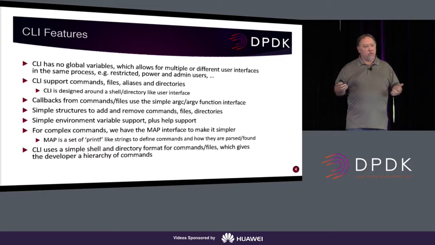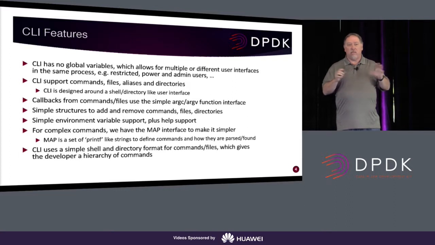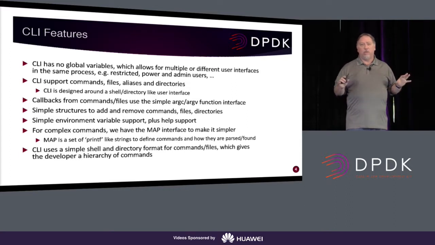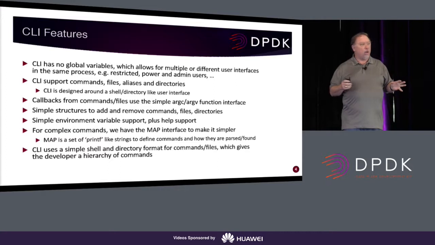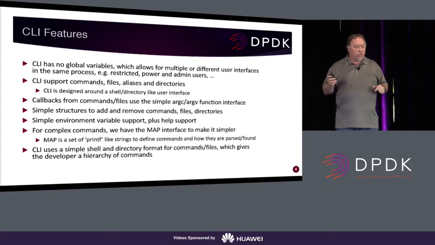That's all it is. It's just like main, argc, argv. That's it. I don't do any conversions for you because chances are I'll get it wrong anyway, and I don't like doing conversions. You can do those conversions because you know what the command needs to do and what the options need to be. So the structures can be removed and added, as I stated before.